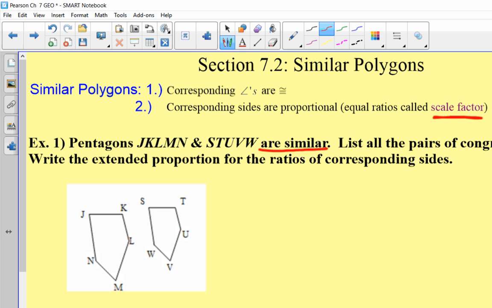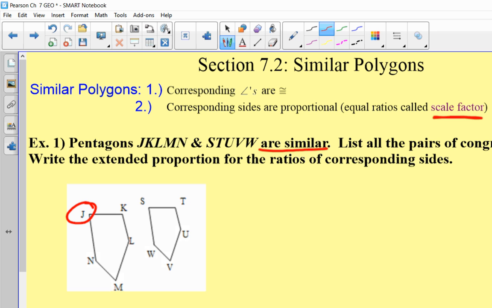So I'm going to show you a way to do this. There are different ways to write this out, so I'm going to show you two different ways, and then whichever way you want to write it is fine. Okay. So let's start with the angles since they're congruent. I'm going to start up here at the top.